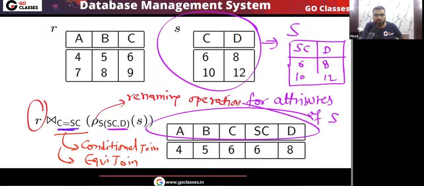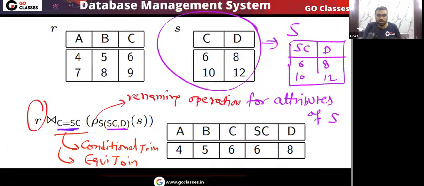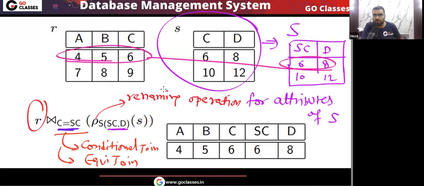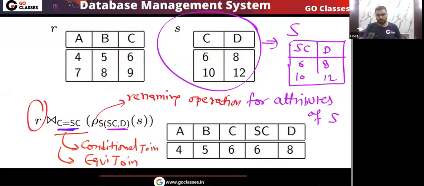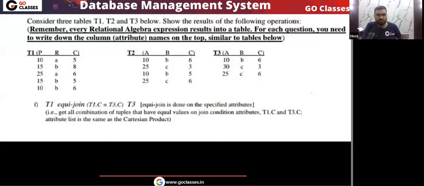So there will be total five columns. Because of this condition, C should be equal to SC, this will match with this one. These two will match. And this will be a dangling tuple, this will be a dangling tuple. So there will be two dangling tuples. Simple. Let's move on now.